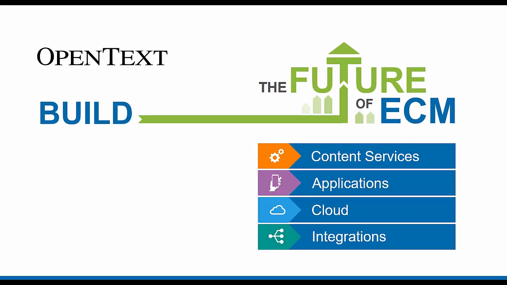And we're really seeing the look at ECM, or taking ECM and breaking it down into a lot of its components so that it can be embedded in applications. It can go out and be embedded through integration. So content services is certainly something that we see as a future capability as a technology, but it's that technology and its capacity to be able to build out solutions for the way that people actually want to work with their content that makes this strategy very important for most organizations moving forward.